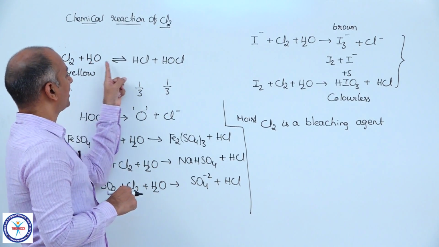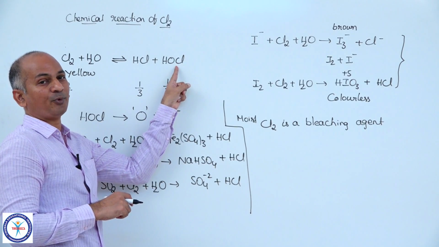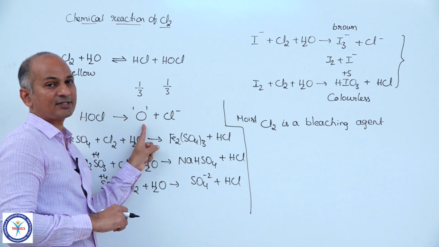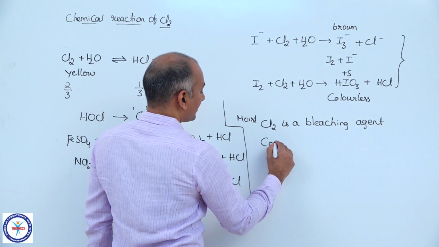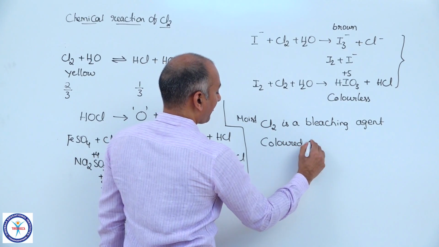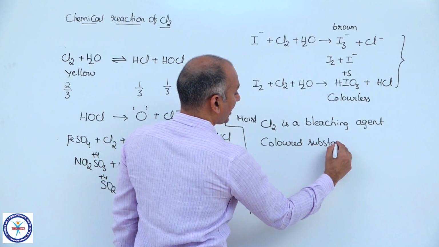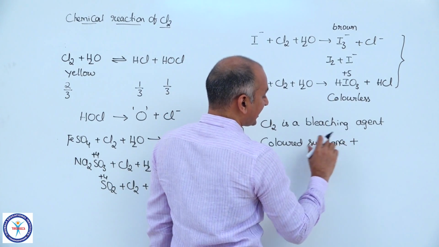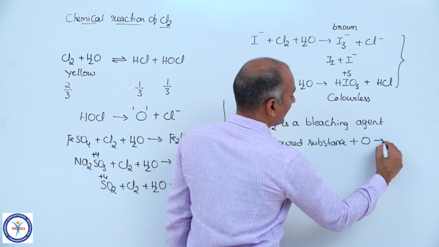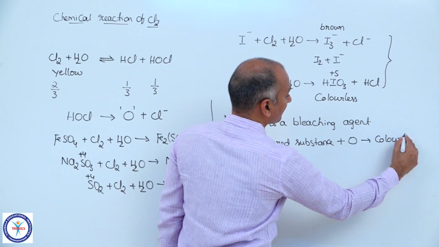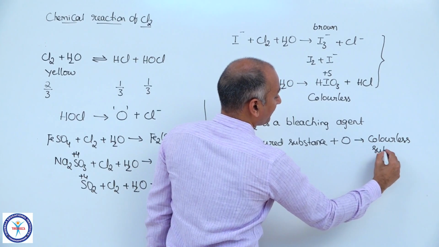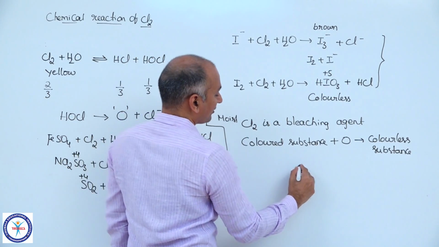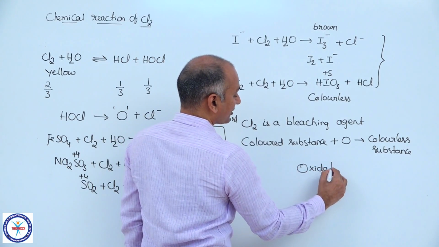Chlorine reacts with water to give hypochlorous acid, and that hypochlorous acid releases nascent oxygen. So the colored substance is converted into a colorless substance, and the species which is responsible for that is nascent oxygen. And the bleaching action of this moist chlorine is oxidation, not reduction.